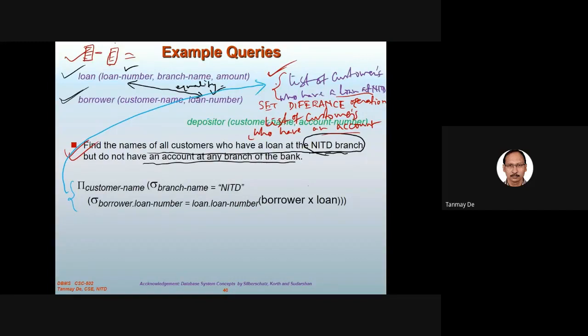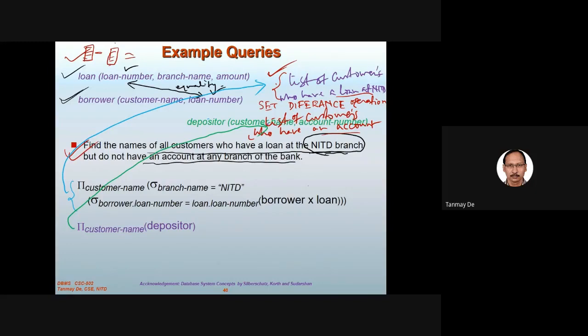That is, this portion actually gives us this list, that is, the list of customers who have an account at any branch.